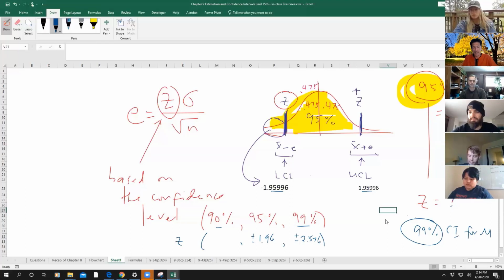The confidence level 90%. What z-score does that generate? I got 1.645. All right, 1.645 plus or minus.